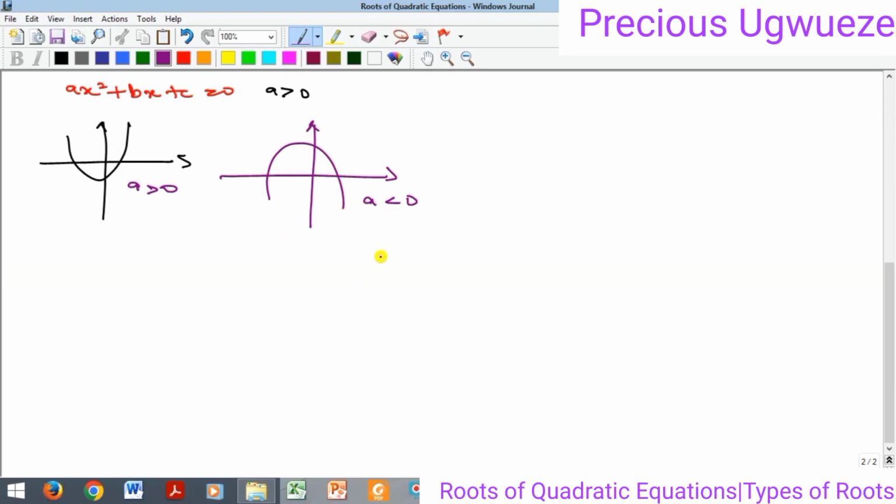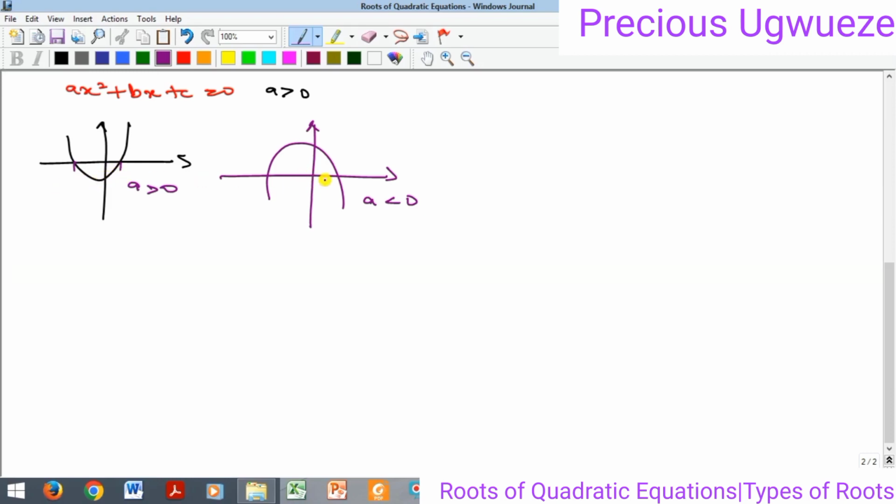Okay, so now having seen all of this, for the type of root that we got, the curve is going to be exactly like this. It's going to cut the x-axis at 2 points. That's to show you that they are real and distinct. That's unequal, real and distinct roots.